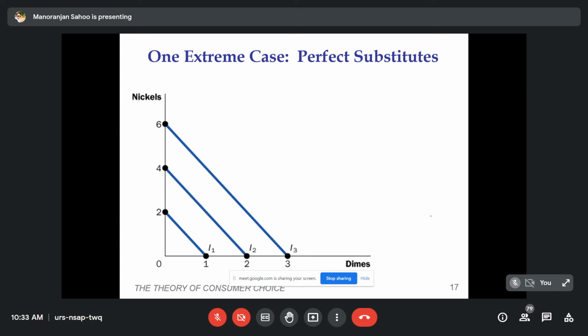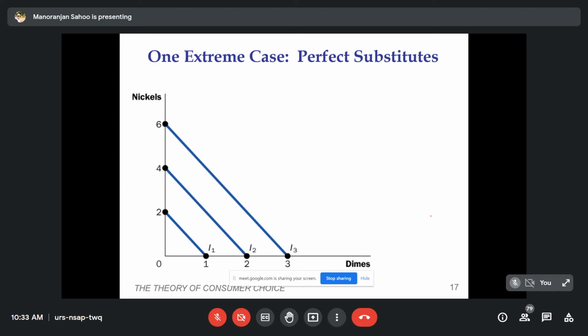There is no difference between commodity X and commodity Y. So in this case, the indifference curve will be a straight line. That means the slope will not change, or the marginal rate of substitution at every point will be constant.